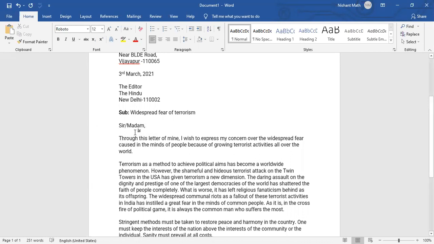We should never join it with the next line. "Through this letter of mine, I wish to express my concern." Last class, I told you there was a different word: "Through the columns of your esteemed weekly or newspaper." The letter was started with that.